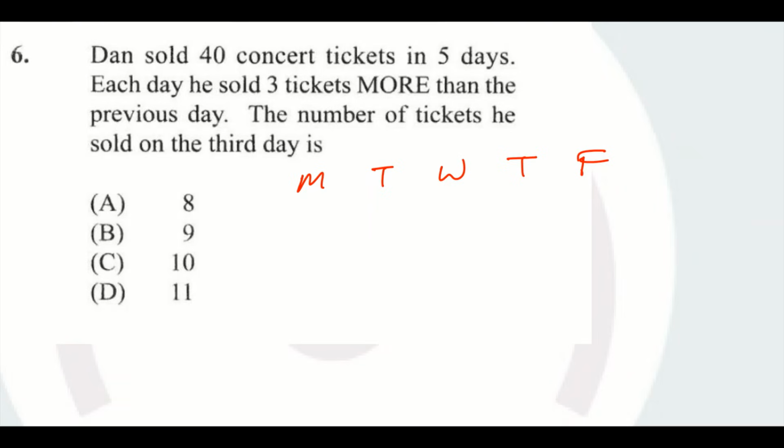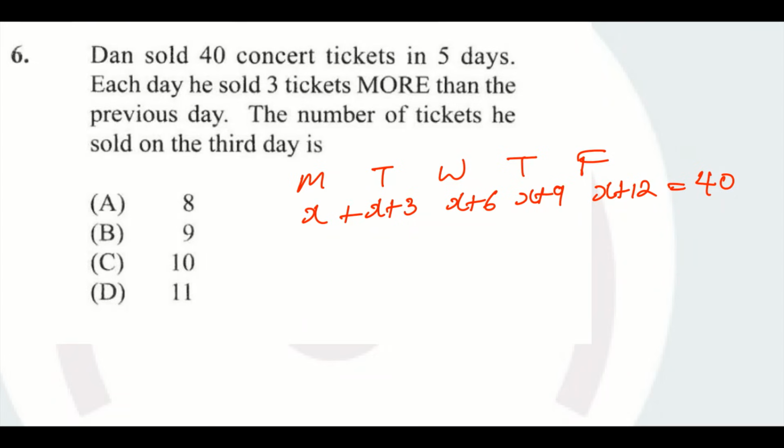So we have our 5 days. Let's call the tickets X, and each day 3 more, so that's going to be X plus 3. Then we have 3 more, and that gives us X plus 6. 3 more, and this gives us X plus 9, and 3 more, and this gives us X plus 12. And all that should be equal to the 40 tickets that he sold for the concert.